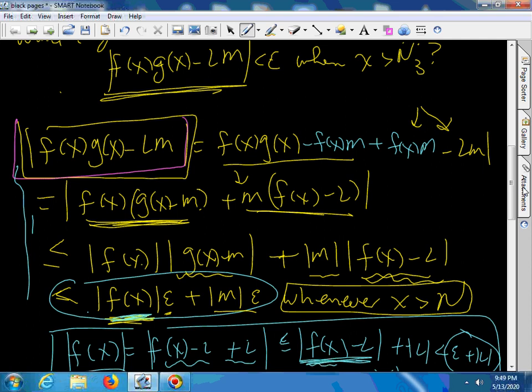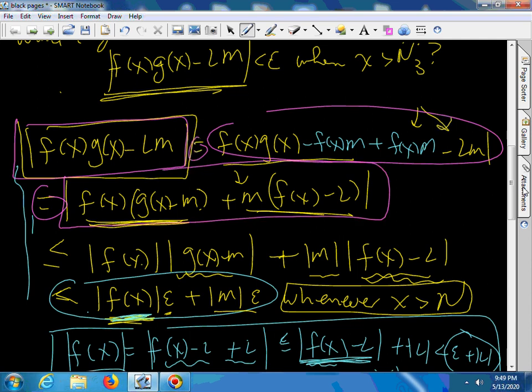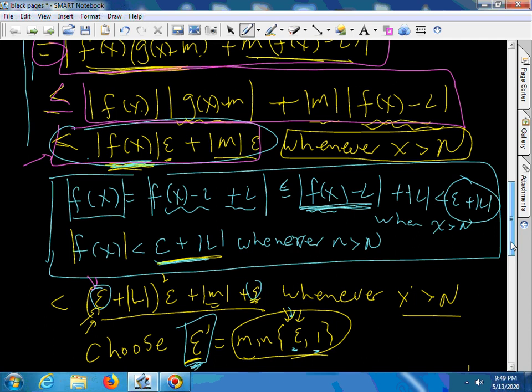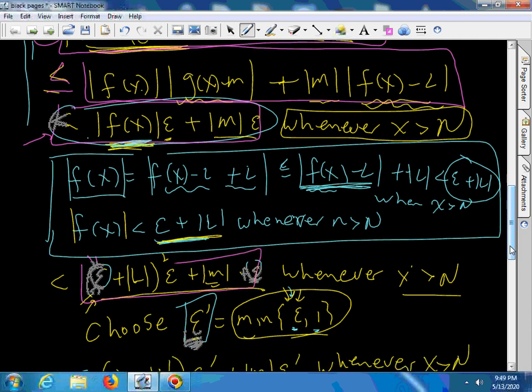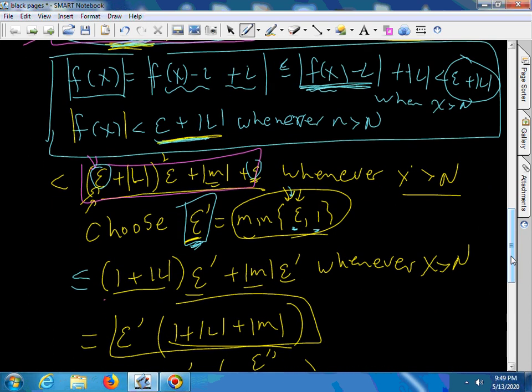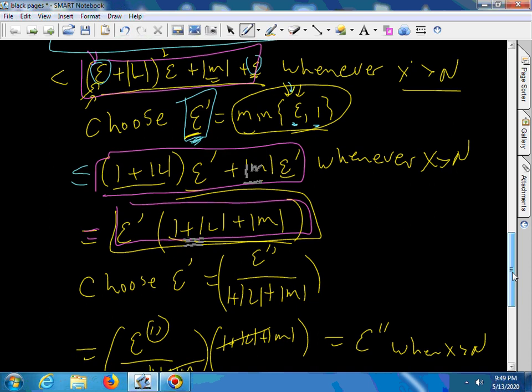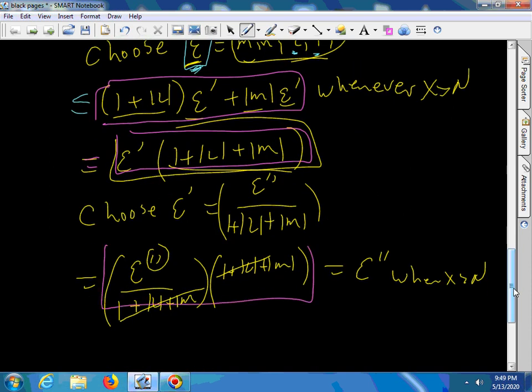We have this, which is equal to this, which is equal to this, which is less than or equal to this, which is less than this, which is less than this, which is less than this, which equals this, which is equal to this, which is equal to this.